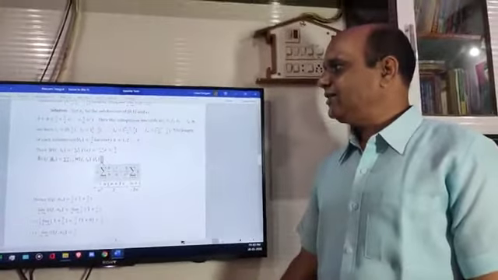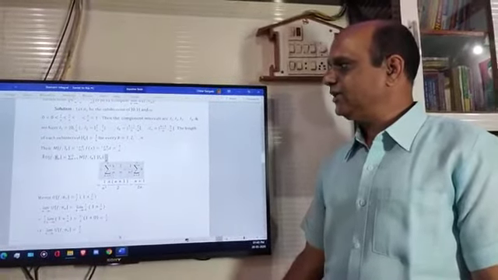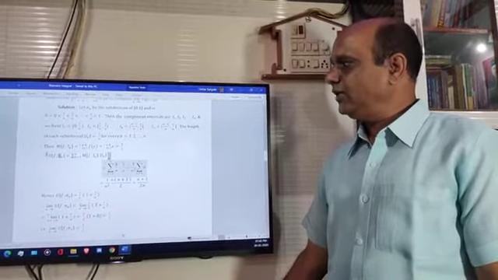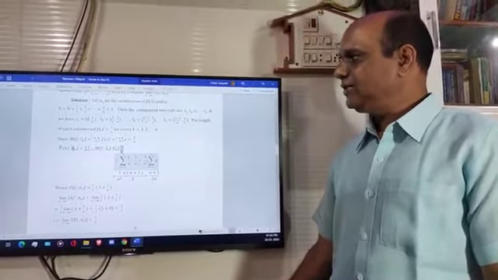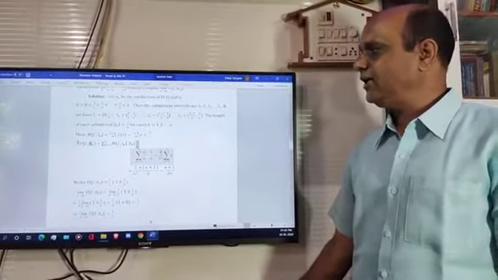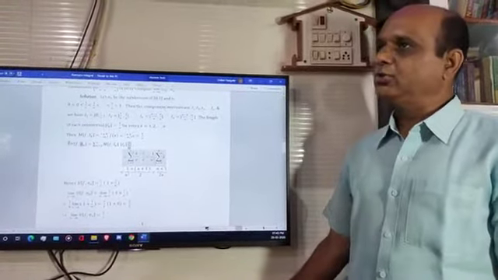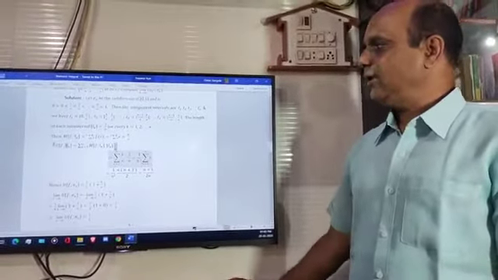Clearly here the maximum is k upon n, and therefore we get the summation k is equal to 1 to n of k by n into 1 by n, that is the length of ik. n is constant, so we take it outside the summation sign, and we obtain 1 upon n square into the summation k is equal to 1 to n of k.